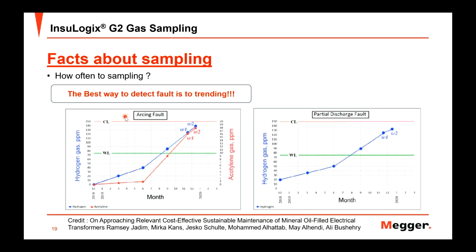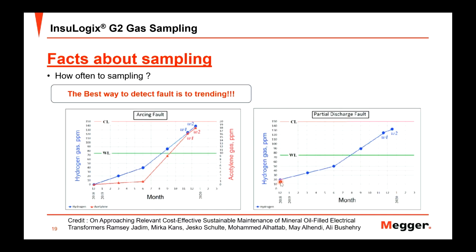Once a year, that's normal for offline. But if something really happens inside your transformer, maybe that is not enough. Online monitoring can help you with this kind of thing. It's the same case if you have this type of fault, partial discharge.